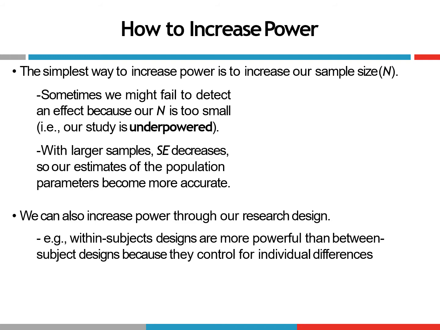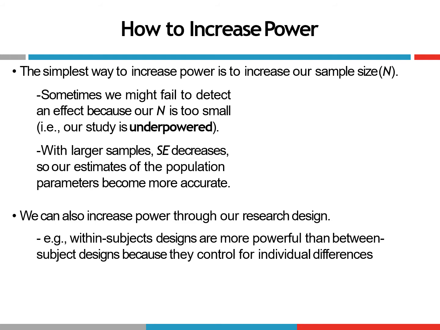Whereas with a dependent samples t-test, we are comparing the same group of people at different points in time. And because we're making comparisons within the same individual over time, that's a within subjects design, right?